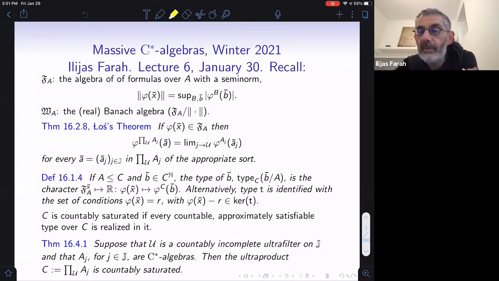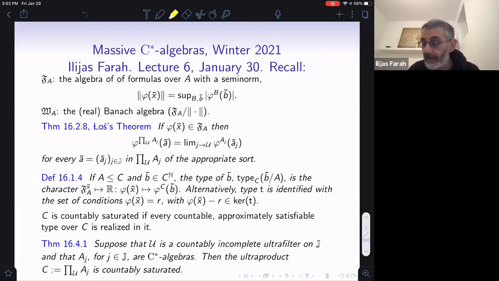Sup and inf come with a domain, so we are taking sups and infs only over bounded balls, and because of that, every formula, by induction on complexity, has attached to it a modulus of uniform continuity. So regardless of which algebra you're interpreting it in, on every bounded ball it is uniformly continuous, and you know what the modulus is in advance.